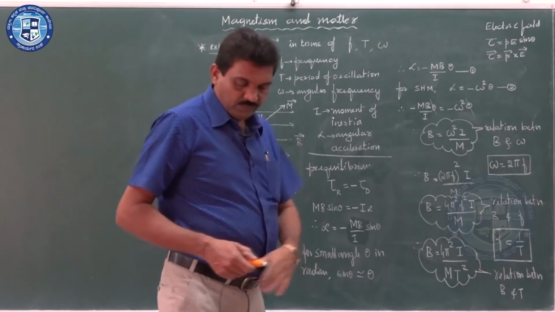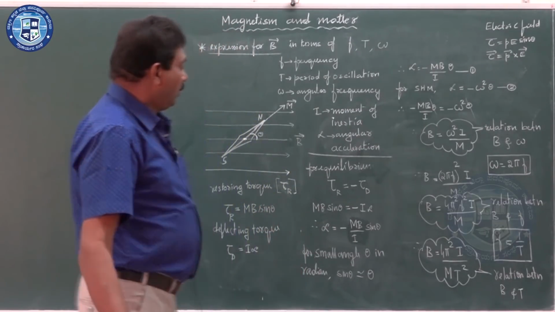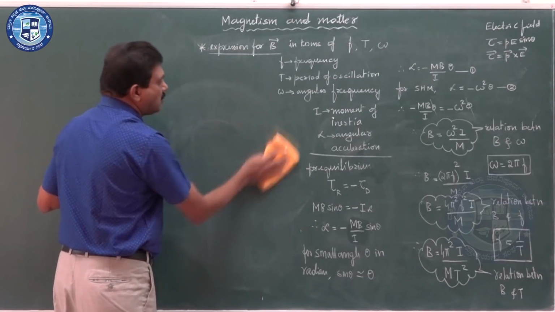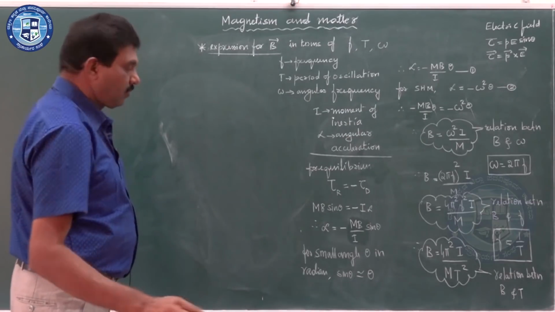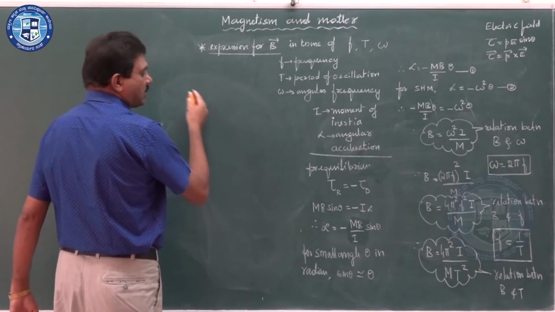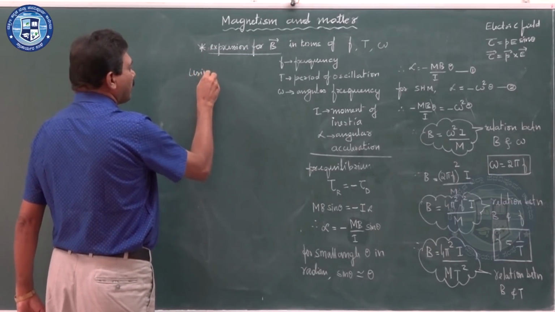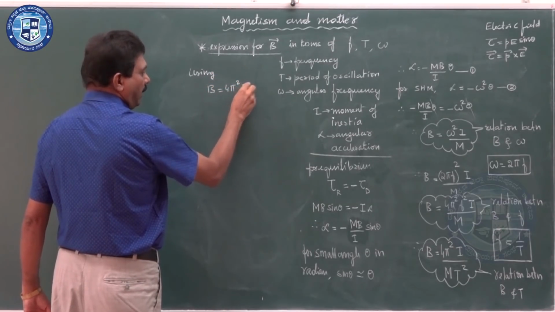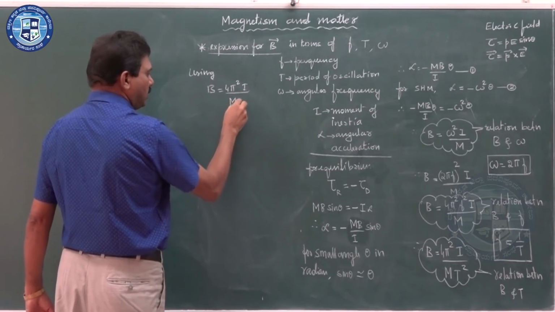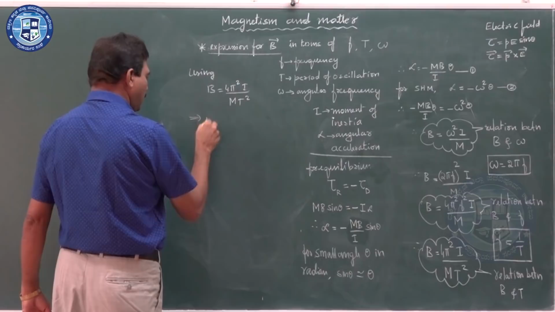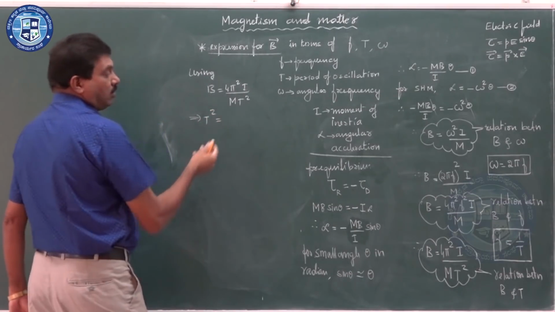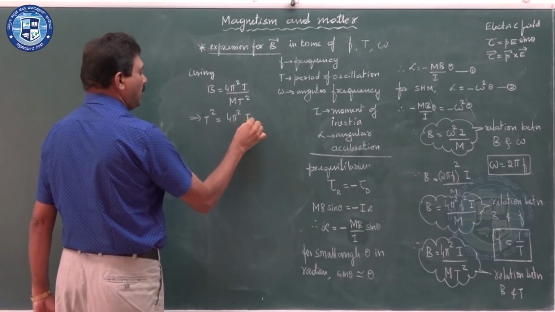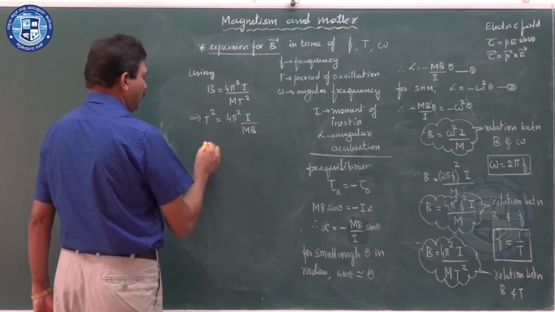Now, from these expressions, first, using B is equal to 4 pi square I divided by m T square, what you can write, T square is equal to 4 pi square I divided by m B. Therefore, what is T?